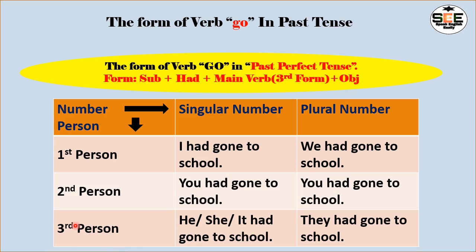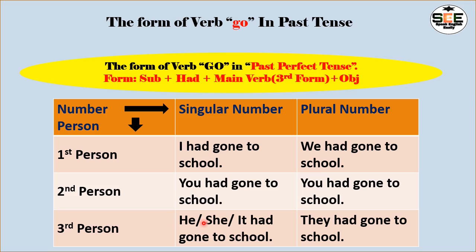If we see the last one, third person singular, here we have mentioned he, she, it had gone to school. So third person singular are he, she, it, right? It may be he, it may be she, it may be it had gone to school.